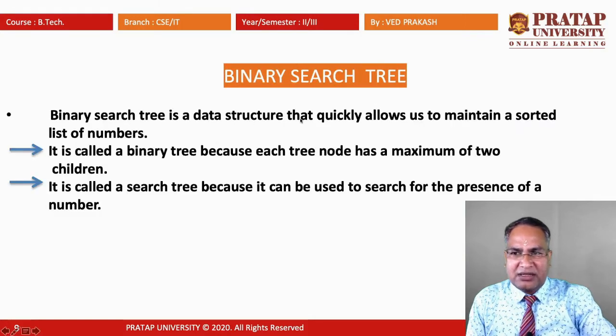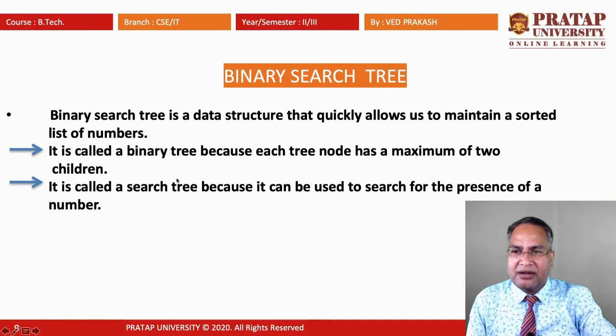Next is binary search tree. Binary search tree is a data structure that quickly allows us to maintain a sorted list of numbers or data. In other words, a binary search tree always provides sorted data, and there are 2 reasons why it is known as a binary search tree.